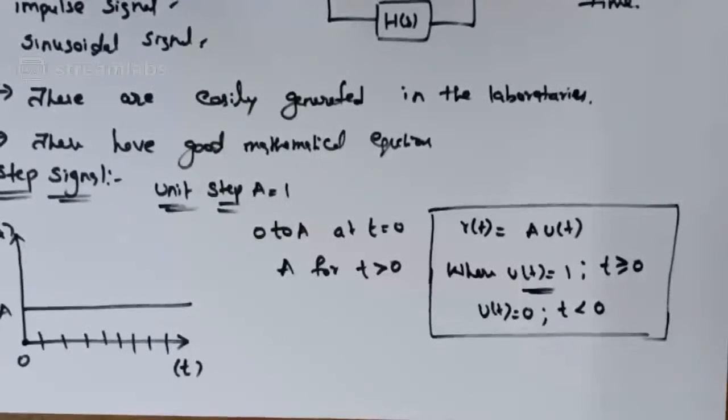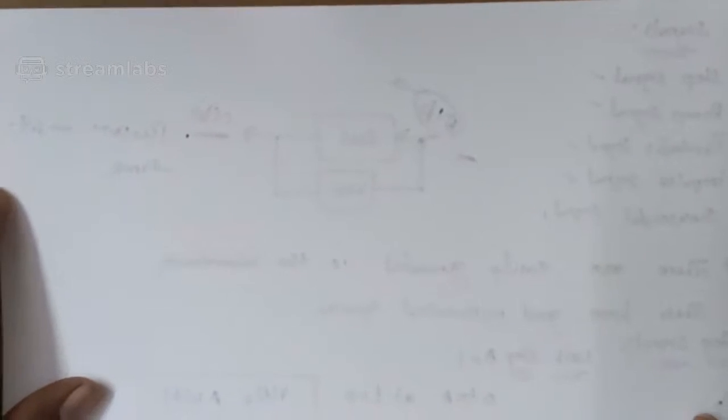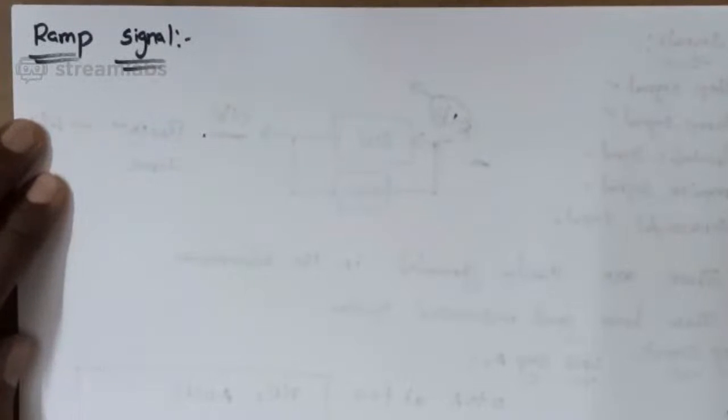Okay, now we are going to know about the ramp signal. I hope you all noted this one. Now we are going for the ramp signal. Coming to the ramp signal, it is a signal whose value increases linearly with time from an initial value 0 at t equals 0.